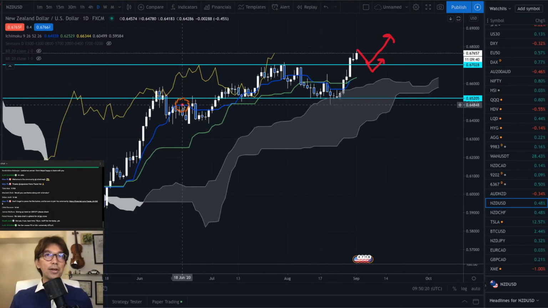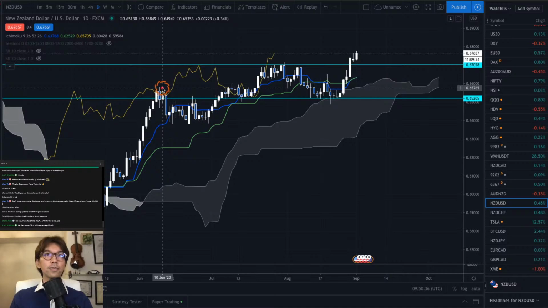So if we count the waves previously, precisely, since 10th of June here, this was kind of a bearish N wave, or maybe from here.